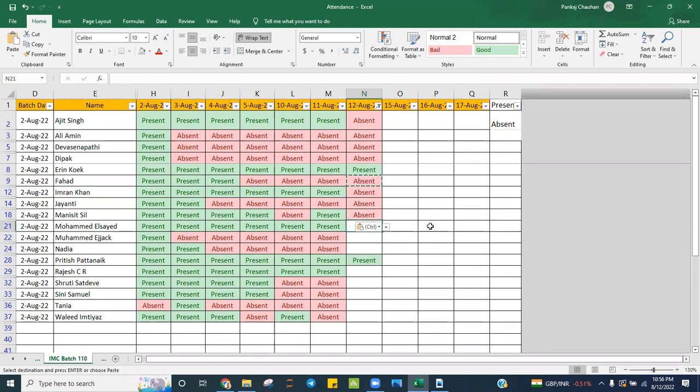Mohammad Al Sayed? Not yet, Mohammad Al Sayed absent. I have posted the Excel on WhatsApp. Okay, great. Thank you so much, Hassan. You reduced my work, though I will also post. Rajesh CR absent, and these 4 people are absent.